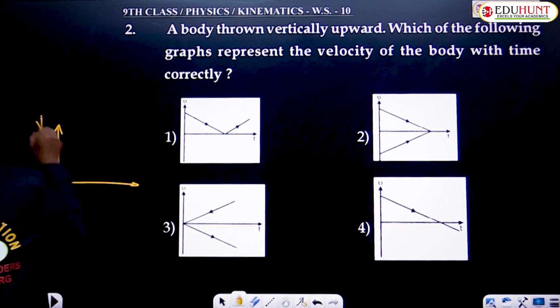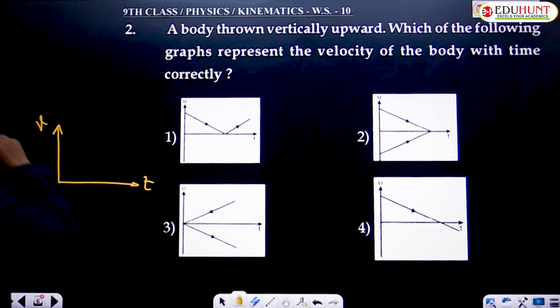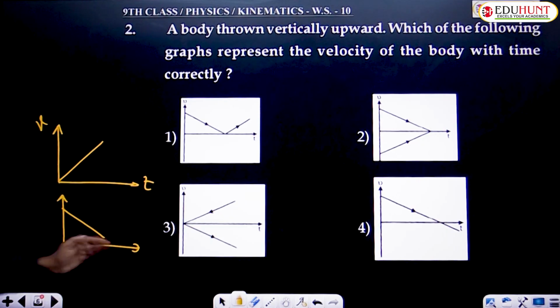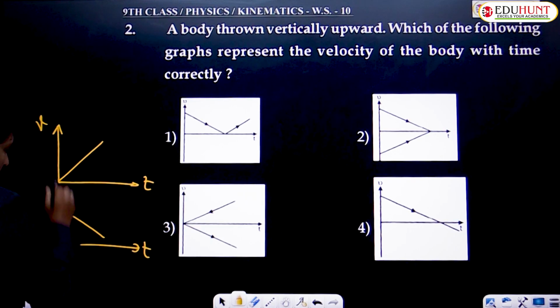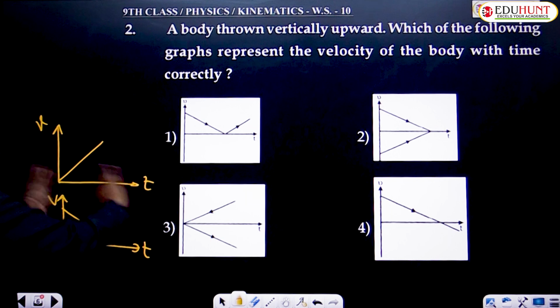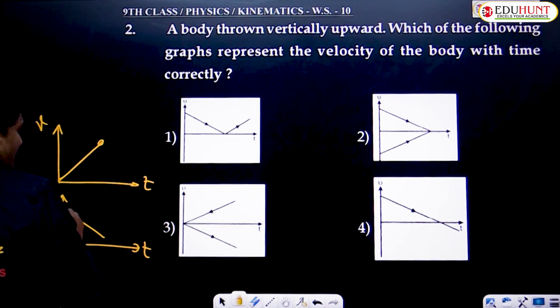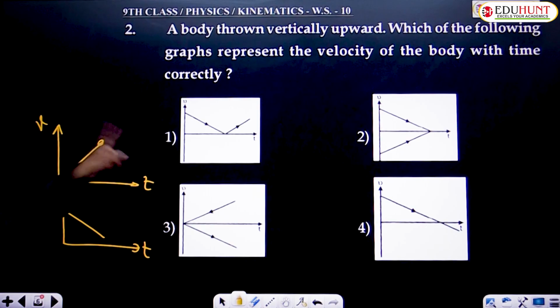You will be taking velocity here, time here. Velocity increases means like this. Velocity decreases means like this. Don't get confused. Time passes on, velocity is decreasing. Time passes on, velocity is increasing. Is that okay? So clearly it is decreasing. As the body moves upwards, the velocity decreases.